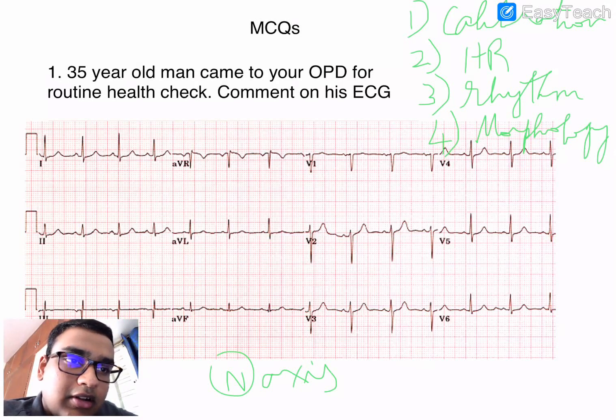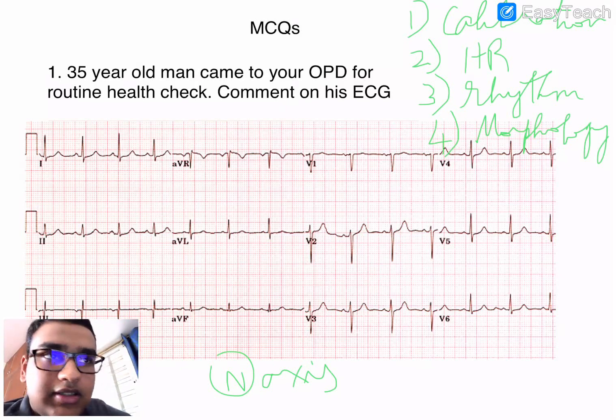The ST segment is normal, there is no ST segment elevation or depression. The T wave again is normal, there is no T wave inversion, no peaked T wave. It's a normal morphology of a T wave. And look for any specific signs or other patterns. So essentially this is a normal ECG, and your answer would be a normal ECG.